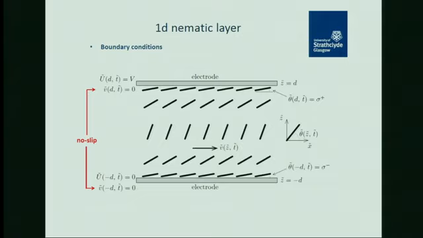For the flow velocity, I've got the standard no-slip conditions. And for the electric potential, I have a potential difference. So I'm going to think about switching this display as you would normally in a device.